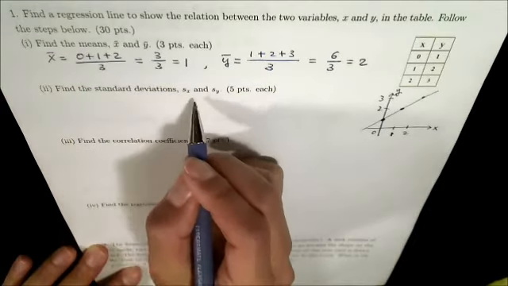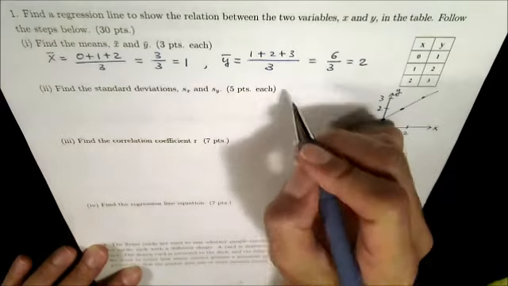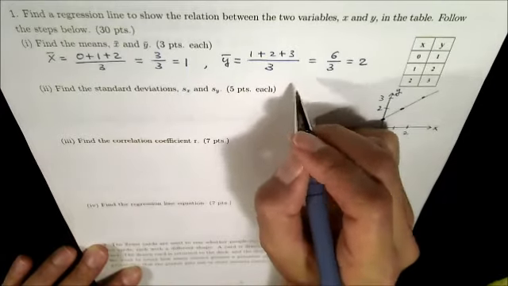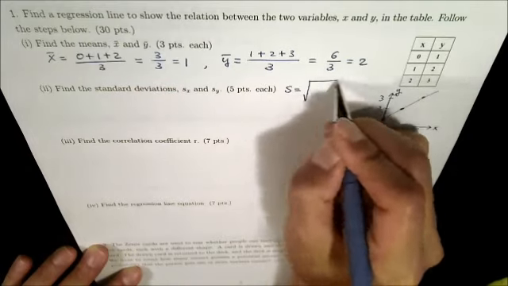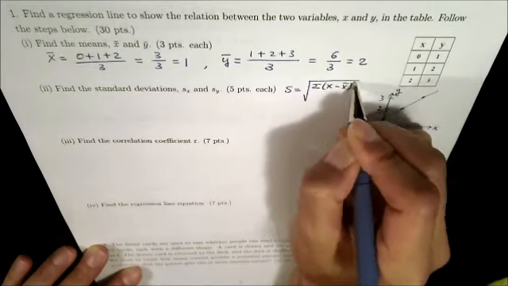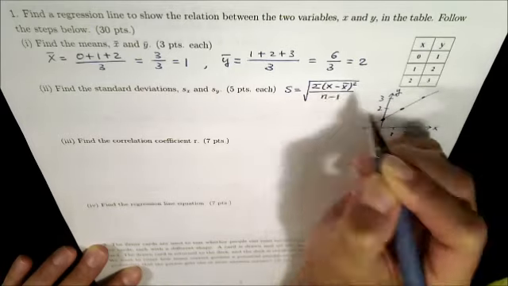Next, find the standard deviation S of x and S of y. First, let me remind you of the formula for standard deviation: S equals the square root of the summation of x minus x bar squared, divided by n minus 1.